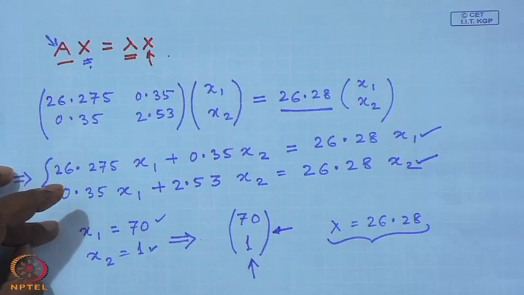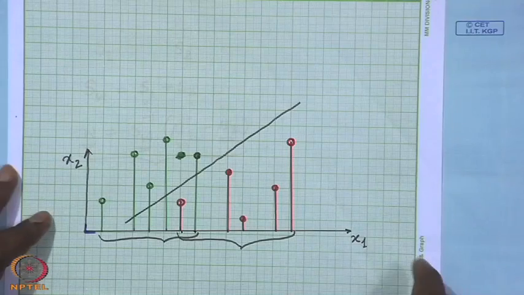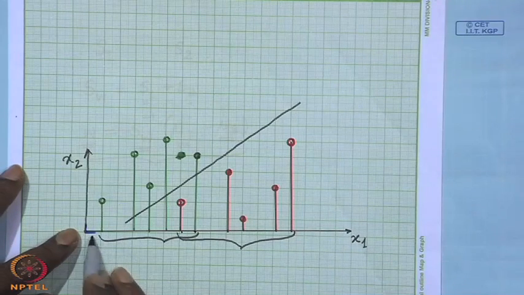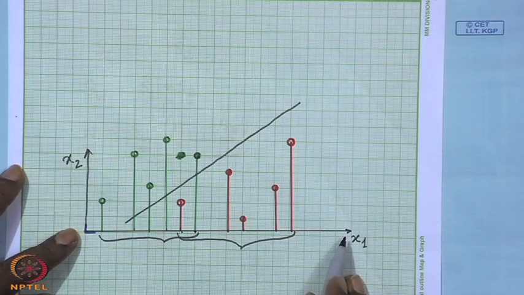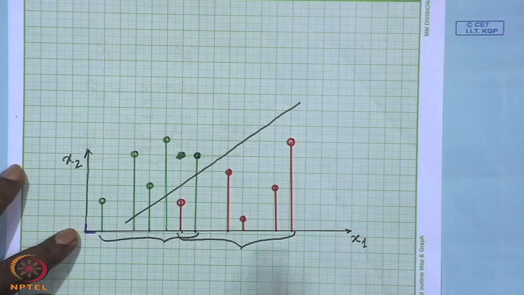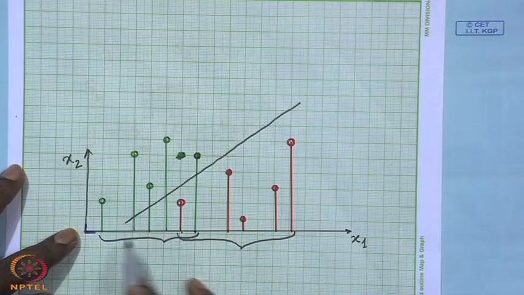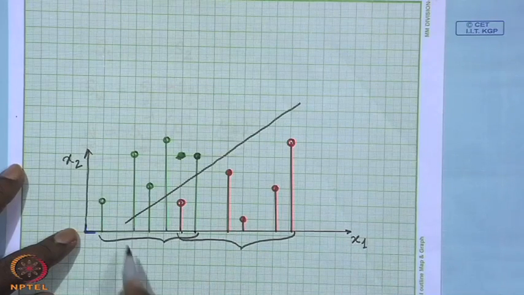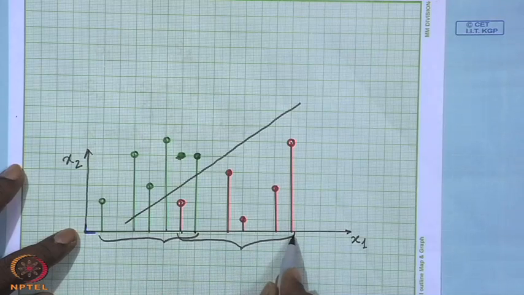Eigenvector is 71. Then what we have done is, we have plotted all the feature vectors onto a graph paper, okay, and this is the eigenvector 71, projected on all those feature vectors onto the eigenvector, and these are my projected points.